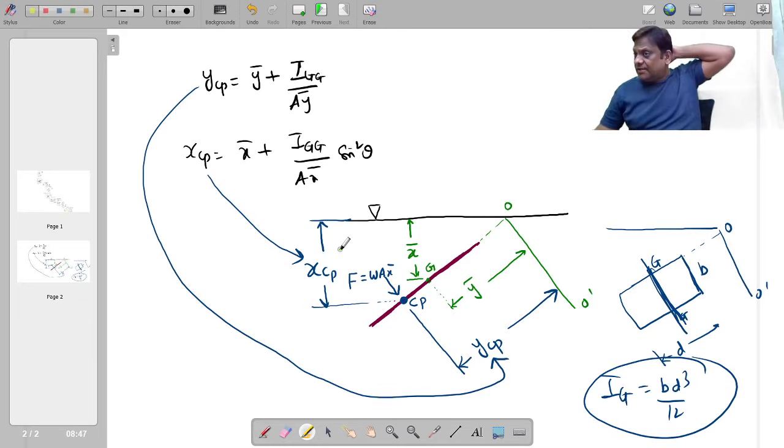This is a wonderful derivation, my dear students. Come on, tell me, is it clear? And we are going to solve some beautiful questions on this. And you should know about what axis the moment of inertia is taken.